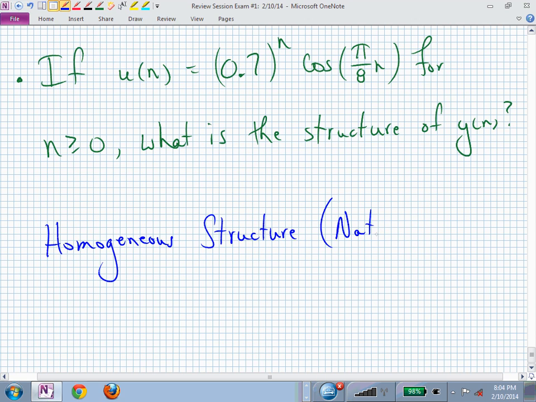This is really the natural behavior of the system. That means if you just walked up to the system and kicked it, you gave that system a pulse, and it shakes, right?